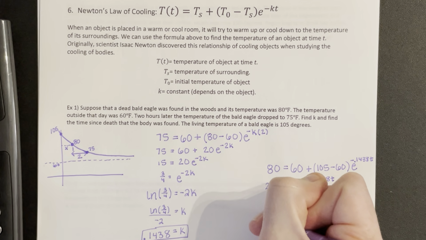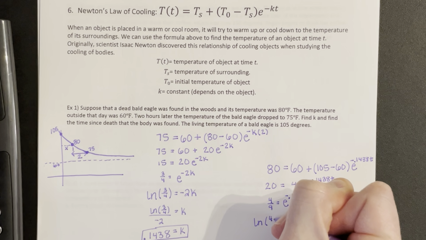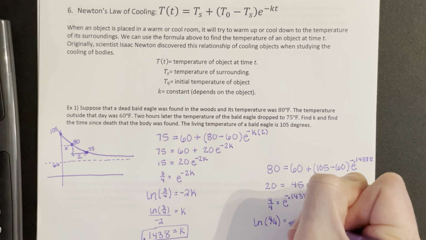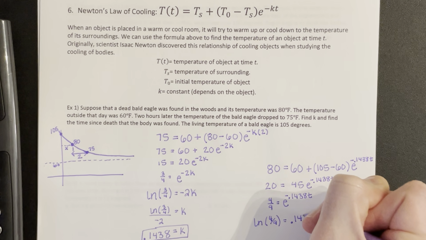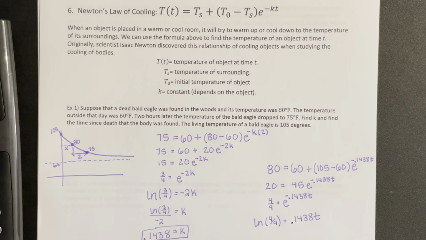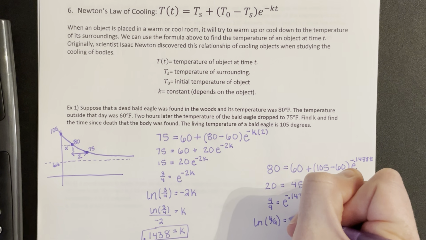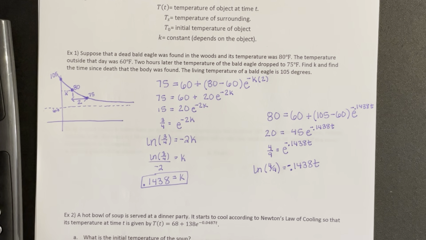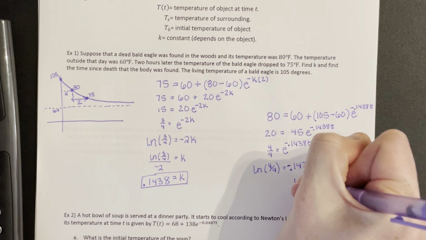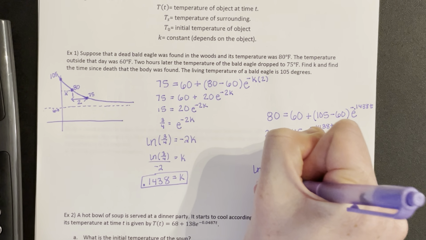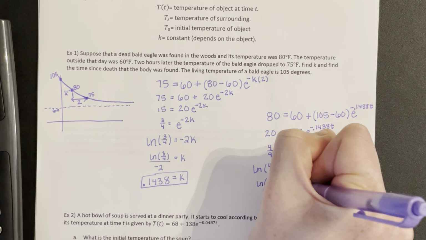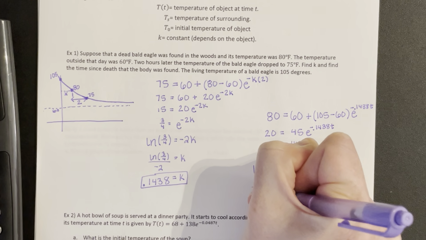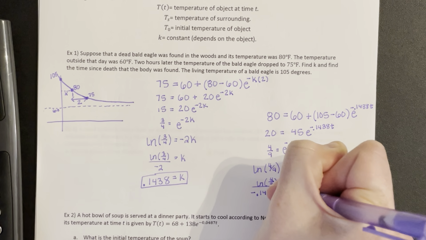When I convert into a natural log of 4/9, I get negative 0.1438 t by itself. And then we divide by that negative 0.1438. So t is the natural log of 4/9 divided by negative 0.1438.